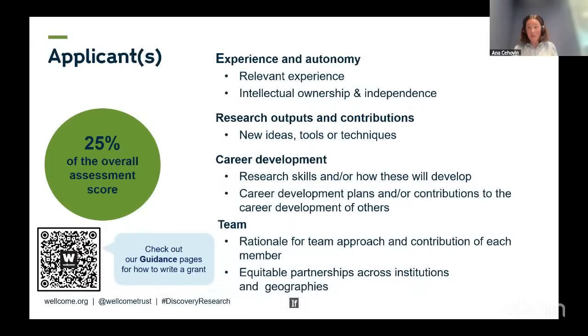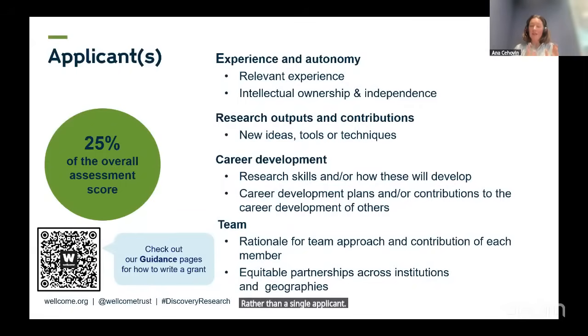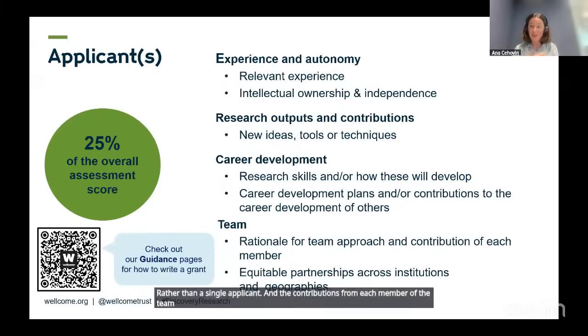If a team is applying to the award, there needs to be a rationale why a team approach is necessary to answer this particular research question, rather than a single applicant, and the contributions from each member of the team need to be well articulated.